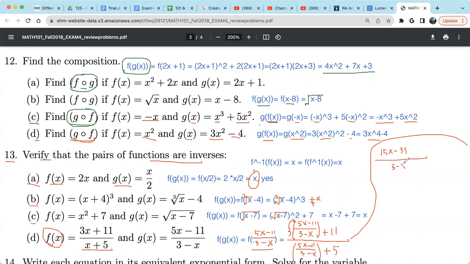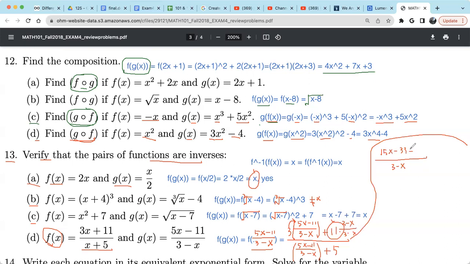I want to combine this with this 11, so I need to multiply by 1, and this 1 is (3 minus x) divided by itself. That's how I make a common denominator, right? So I want to combine those two terms. The common denominator is 3 minus x. So I multiply 11 with 1, and this 1 is (3 minus x) divided by itself.